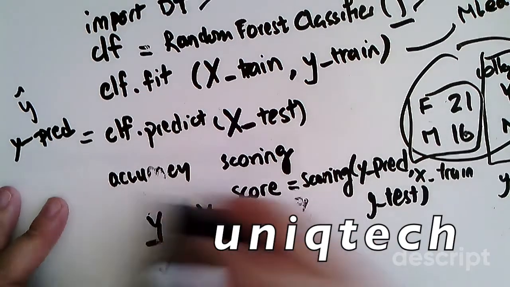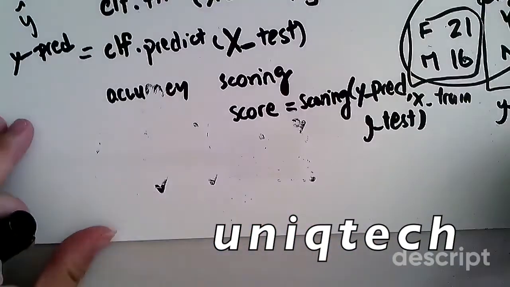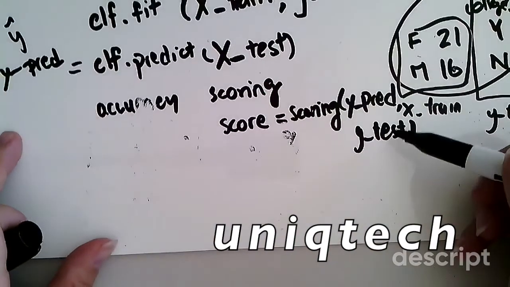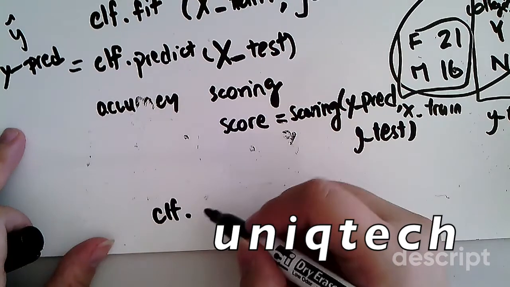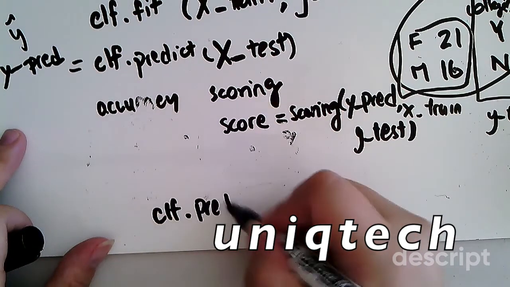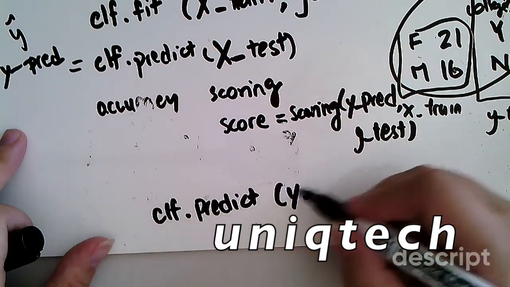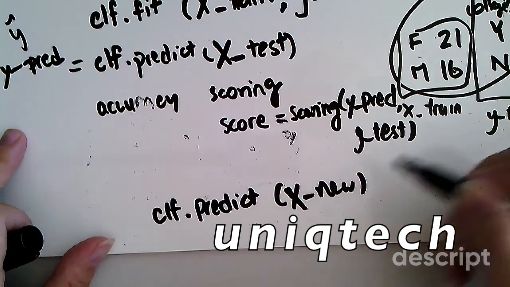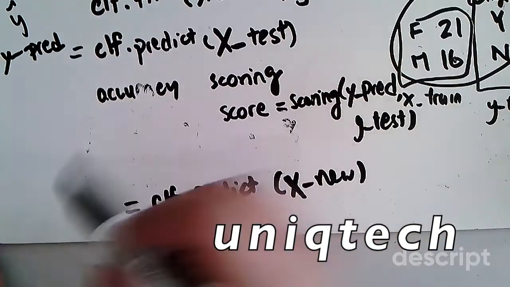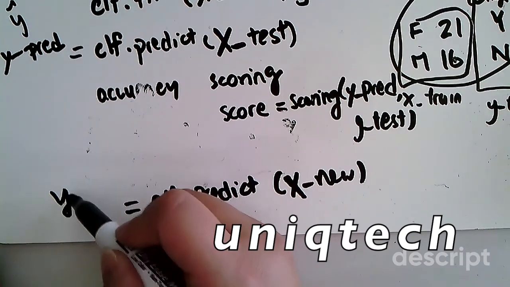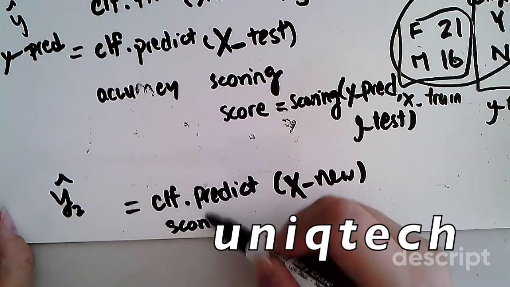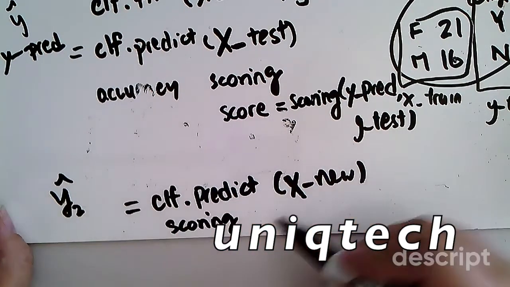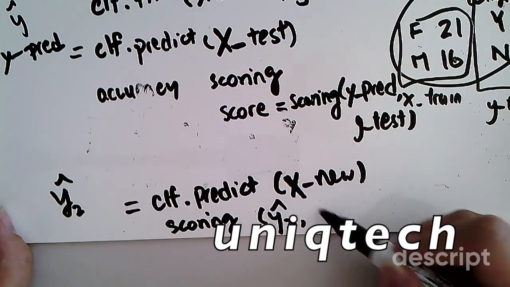You can imagine later on what you really want to do is use new data that you have never seen, and score your model against that. I have my classifier that's trained and optimized to predict some new data. Let me call it X new. So you always want to predict on the features, and that's my y sub 2 hat. And then my scoring will be between my y sub 2 hat and y actual.